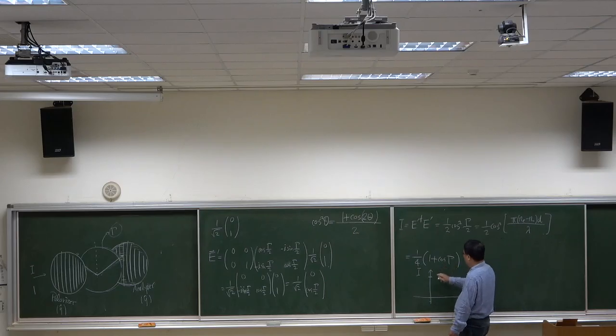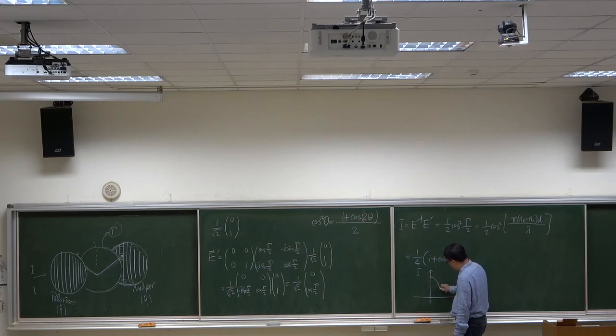Then when gamma is equal to half pi, we get half of this highest value, maximum value.